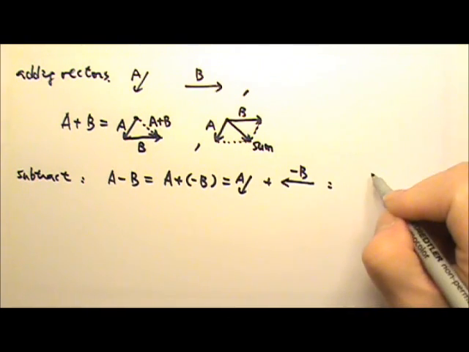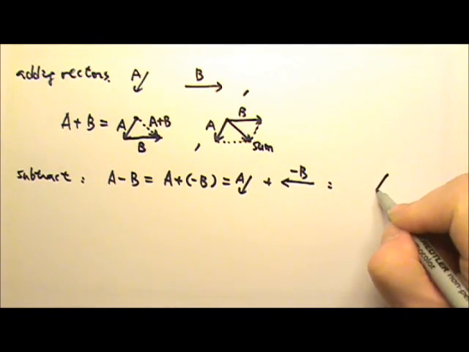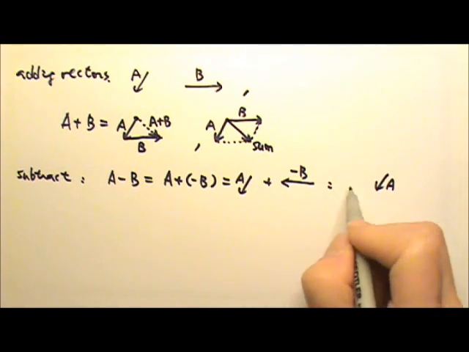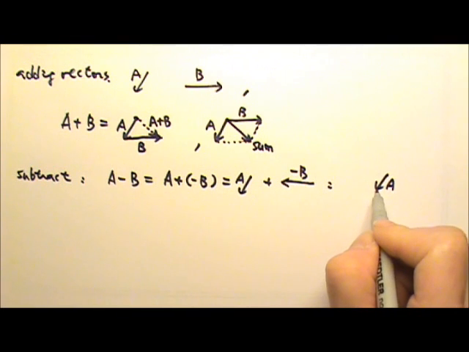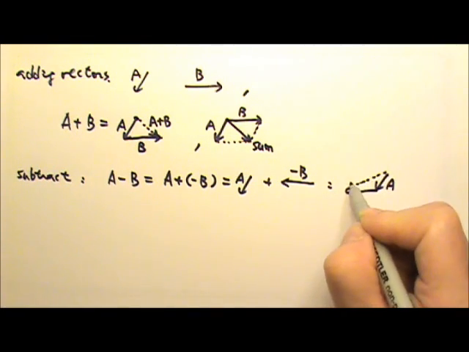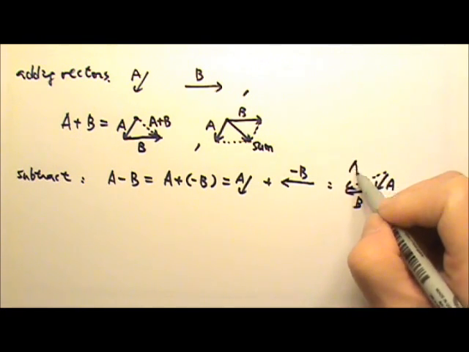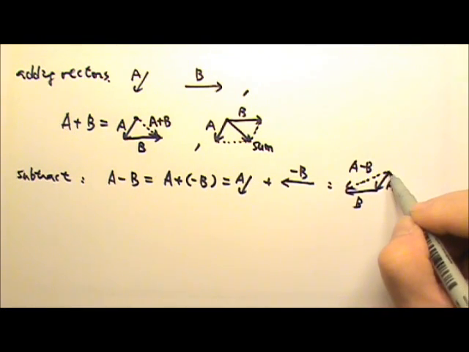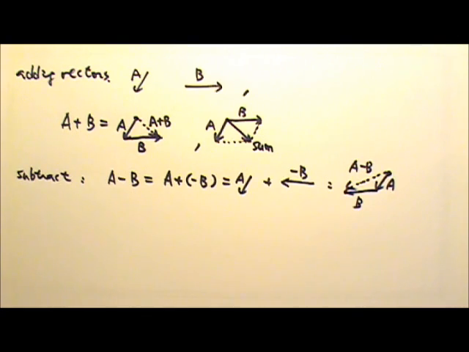In this case, if I do the tail to tip method, I put the tail right here, so A minus B would be that vector, because I started there and ended here.